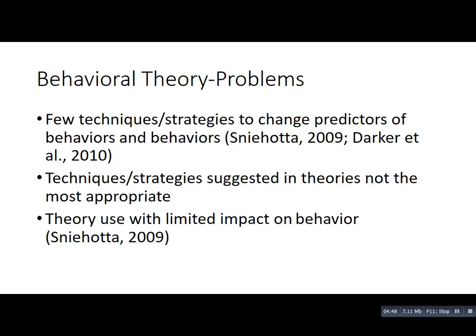And finally, research has repeatedly found that using theory by itself doesn't have a lot of impact on the behavior. So what we actually need are some very clear strategies or techniques that help us to explain or to impact behavior.